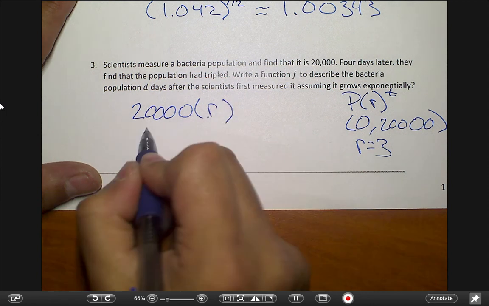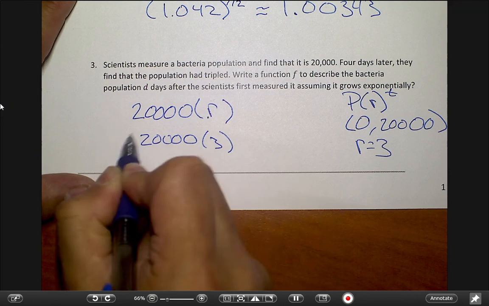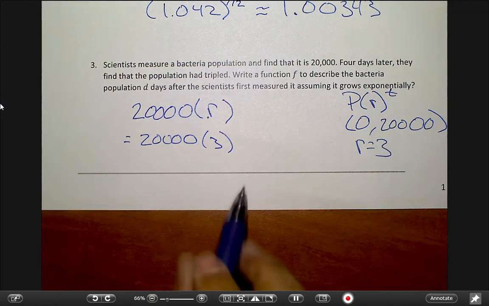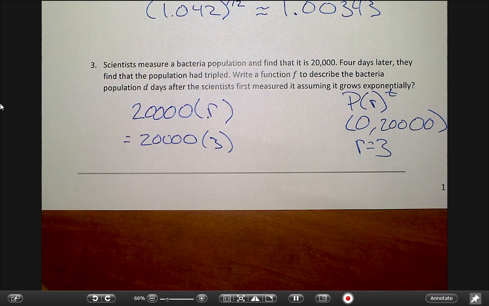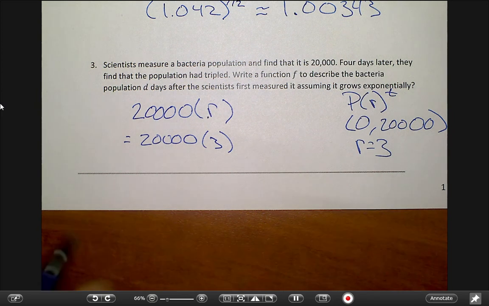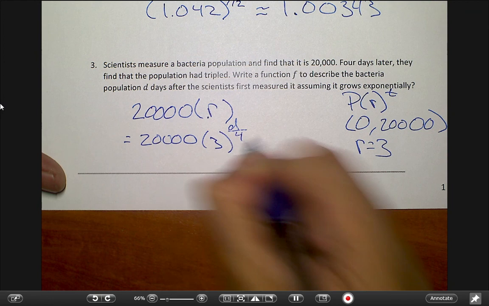So it's going to be 20,000 times 3. Now, my exponent says 4 days later, isn't it? Right. 4 days later, it's going to triple. So what am I going to write for my exponent? Not 4. d over 4. Okay, so it's d over 4.